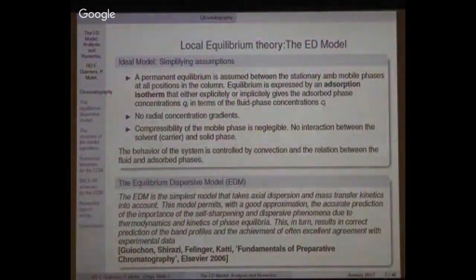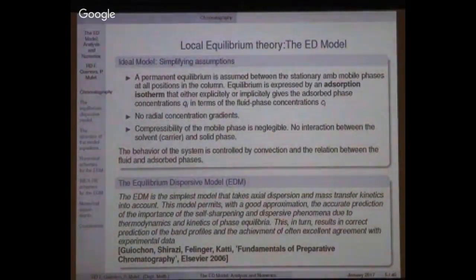They call it dispersion, we would call it diffusion. You'll see it in a minute. Mass transfer kinetics into account. We will not take mass transfer kinetics into account in this talk, okay? Now, the model permits, with a good approximation, the accurate prediction of the importance of shock sharpening and dispersive phenomena due to the nonlinear interaction between the concentration in both phases, okay?